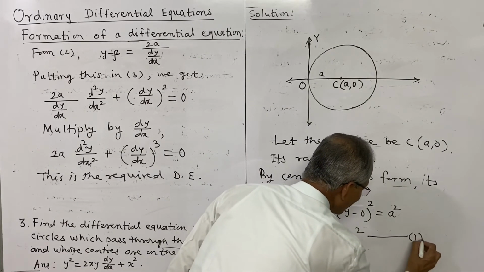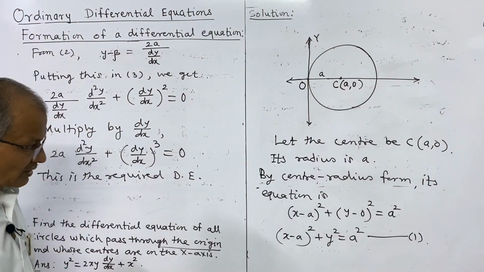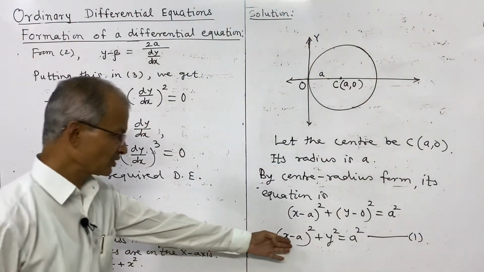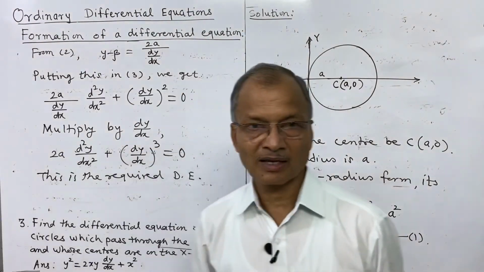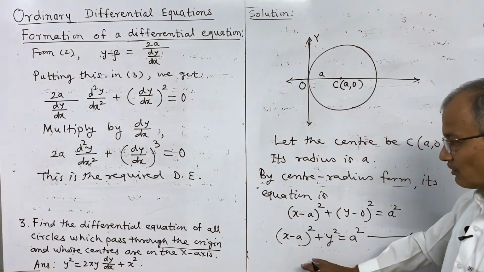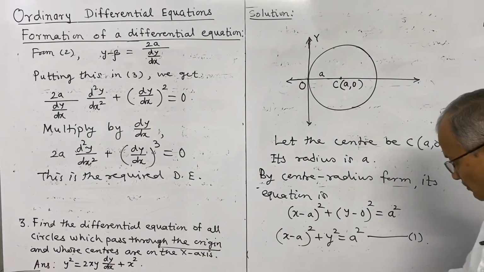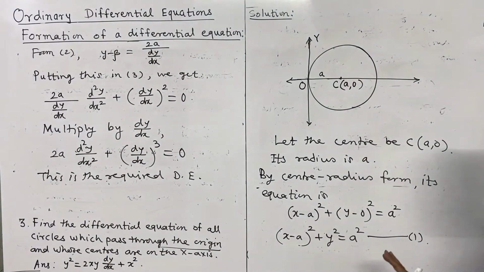So this will be our algebraic relation, and we have to form the differential equation for this relation. How many arbitrary constants are there? Only one arbitrary constant, which is a. So therefore it is sufficient to differentiate it once and then eliminate the arbitrary constant.